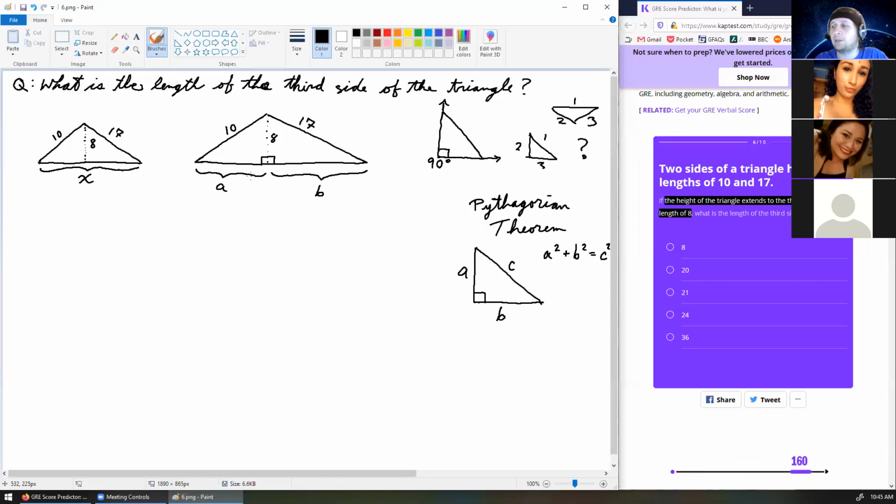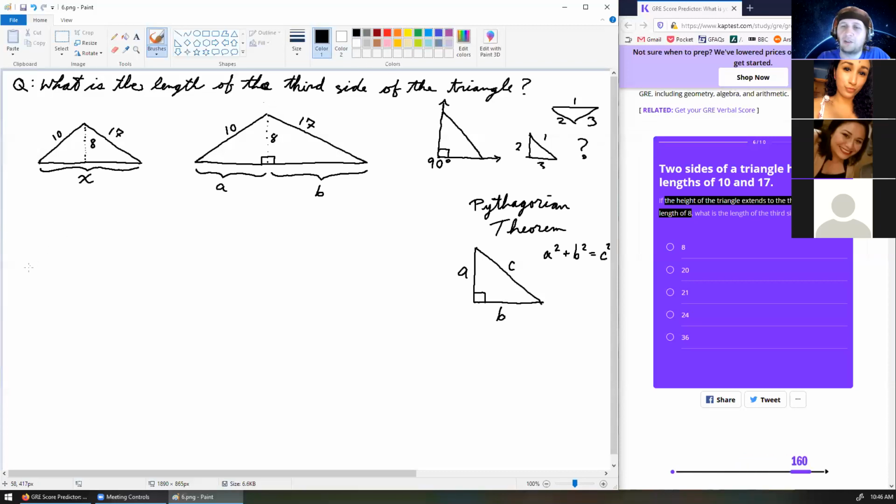If we tried to write out the Pythagorean theorem, what would that look like? It's going to be 10 squared plus 17 squared, oh, no. We're just going to look at this one. I'll split them up into two separate triangles.